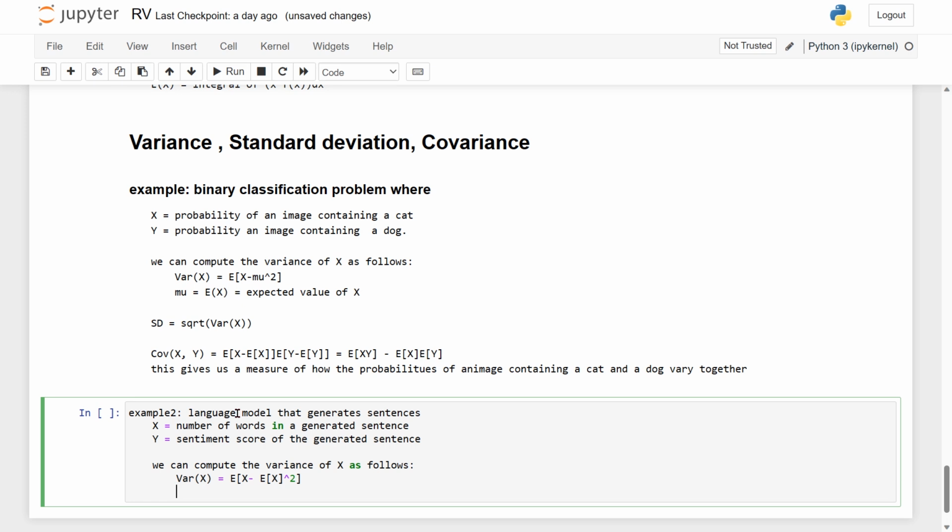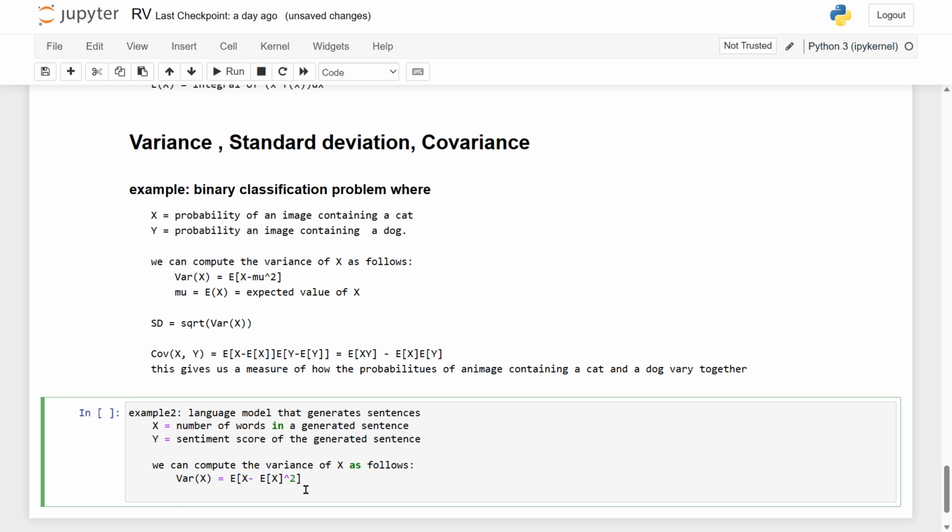So here E of x is the expected value of the random variable x, and E of (x minus E of x) squared is the expected value of the squared deviation of x from its expected value.